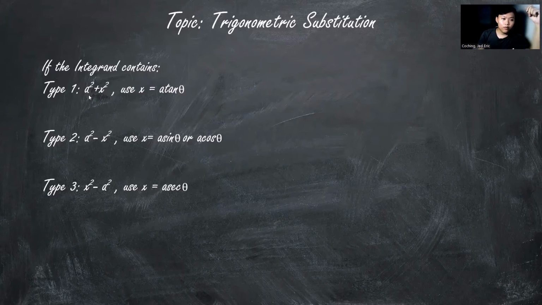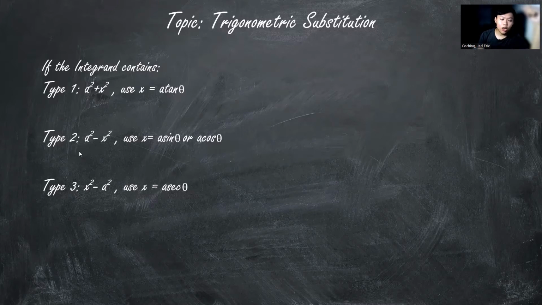If the integrand contains a raised to 2 plus x raised to 2, and a represents a number while x represents a variable, you can use x equals a tan theta.